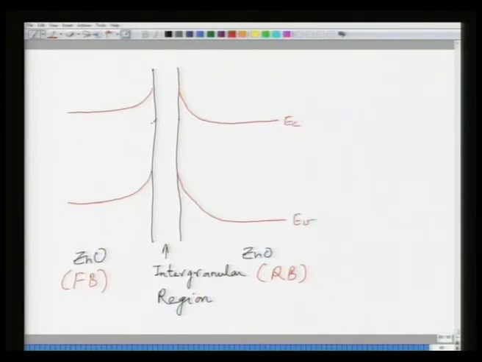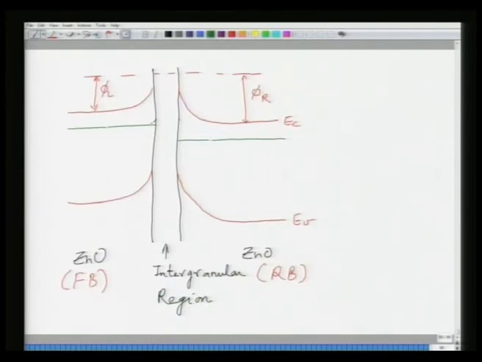So, you can see that the bands on one side are much lower as compared to the other side of the junction, and this, with respect to the Fermi level, would be defined as phi L, this would be defined as phi R. Since you have biasing, you have a shift in the Fermi level, and the distance of the Fermi level from both of them will remain the same.